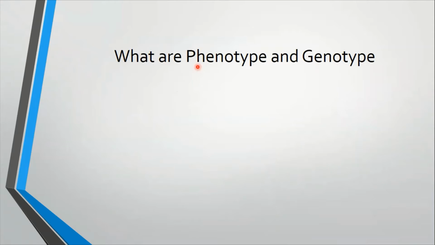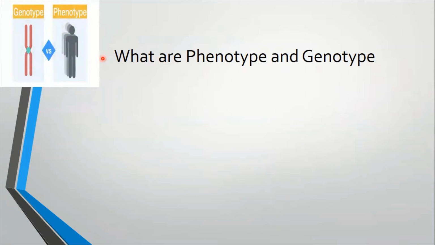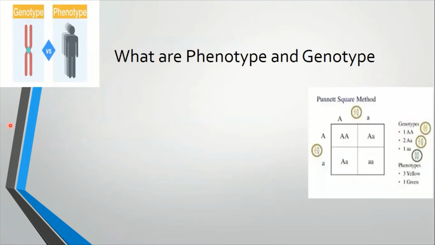The next vocabulary words are phenotype and genotype. Some people confuse them, but it's so easy. The genotype gives us the chromosomes, and the phenotype gives us the human body from outside looking.